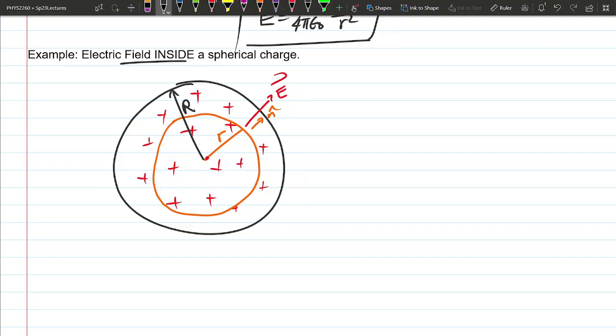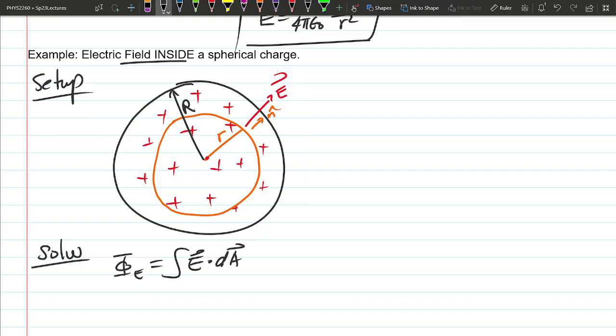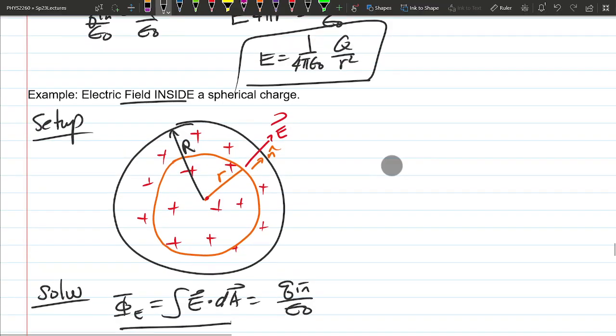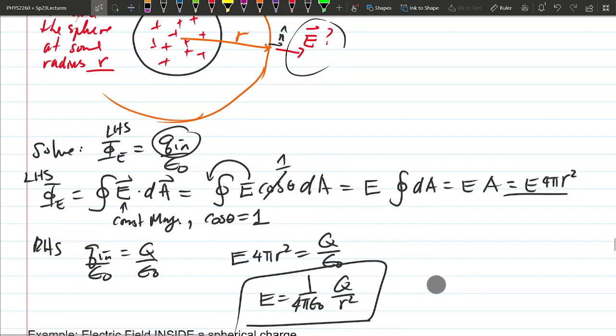So this is some of the setup. I'm going to skip to the solve part. We're going to apply, once again, Gauss's law to solve this. Qn divided by epsilon naught. This left-hand side is exactly the same as before, where it just happens that little r is smaller than big R in that case.